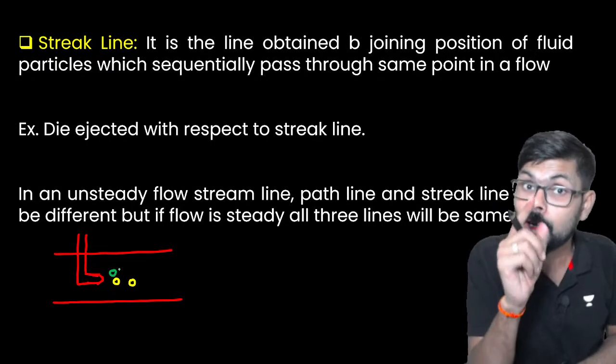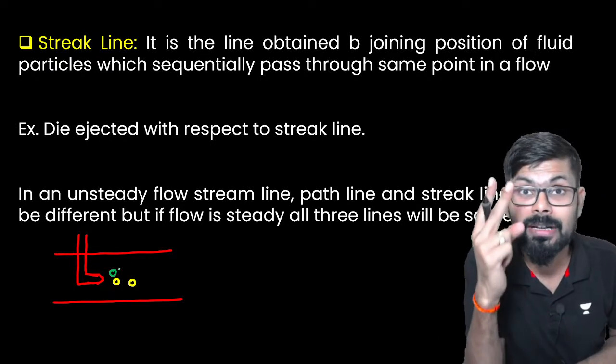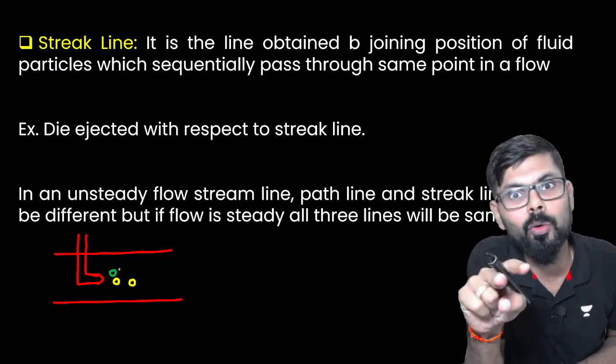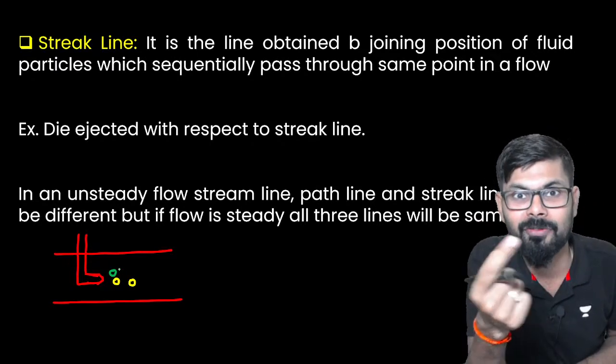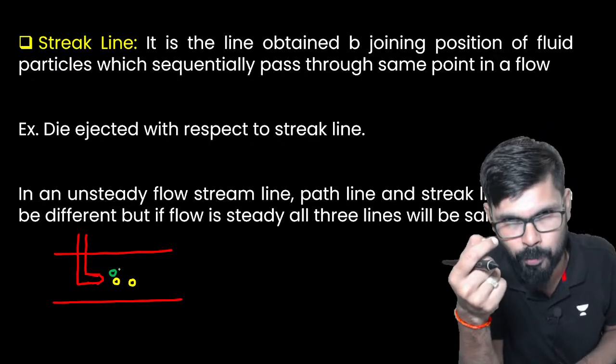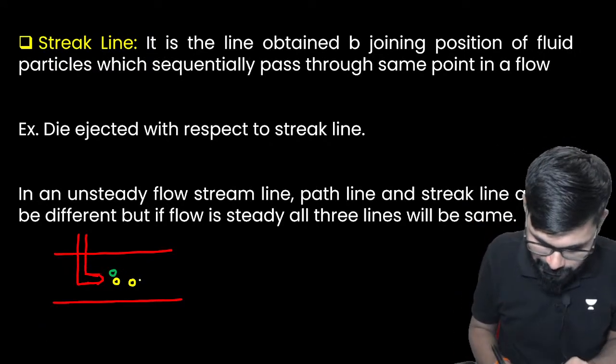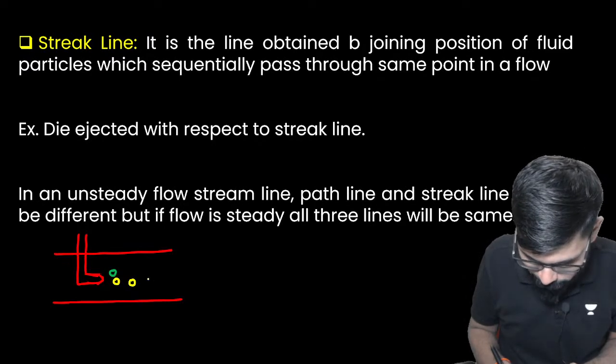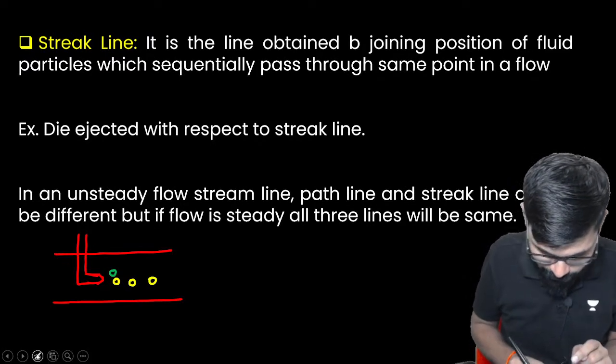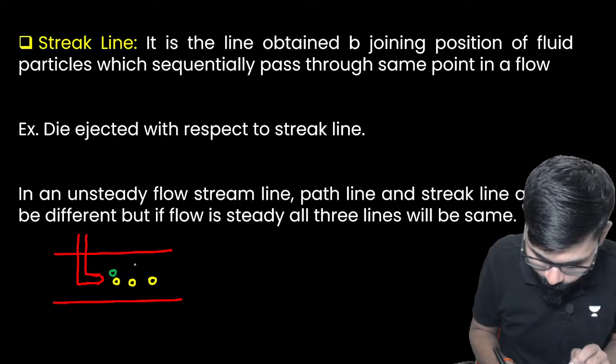For yellow, 2 seconds are over, but for green it is only the first second since it is coming out from the same point. You are getting my point or not? Okay. After 3 seconds what will happen? After the third second, this yellow will reach somewhere here and green will reach somewhere here.